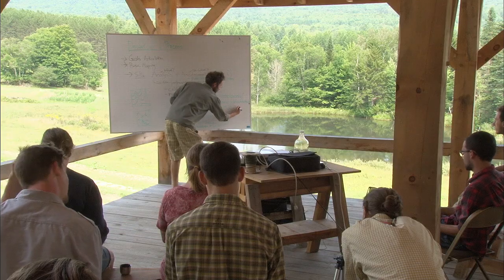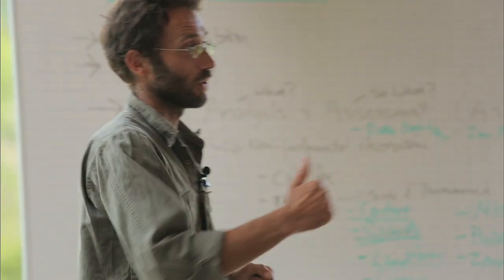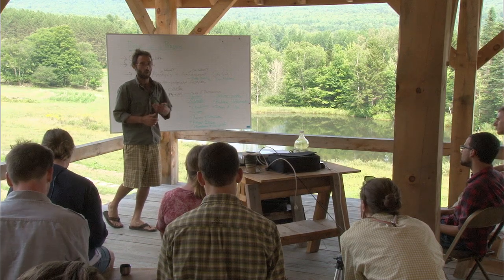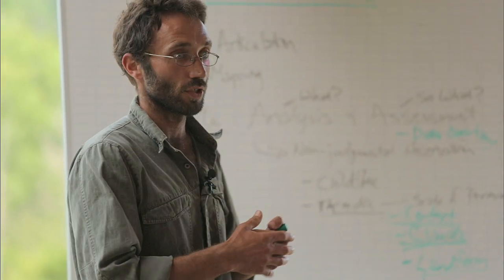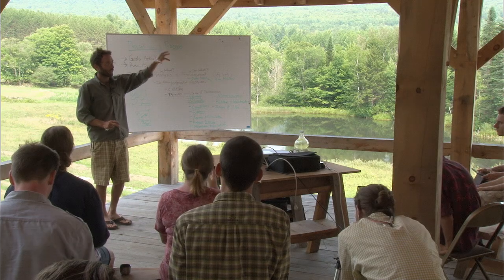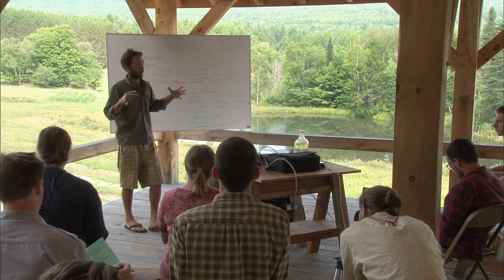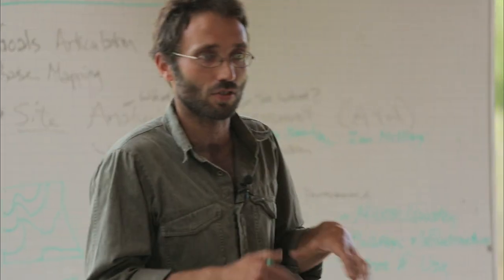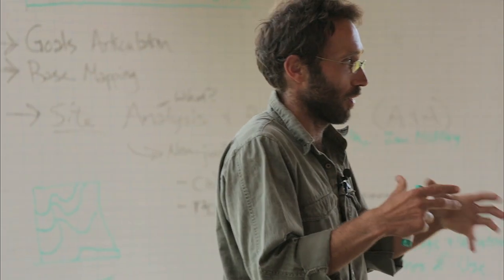Zones of use. One big piece of zones of use is how often do we visit different elements within the landscape? How often do those elements require visitation from us? It's really a measure of the intensity of usage in the landscape. Those areas that we modify most extremely, which are generally the places right around our primary locus of inhabitation. So zone 0 in the permaculture landscape is the place where activity originates.